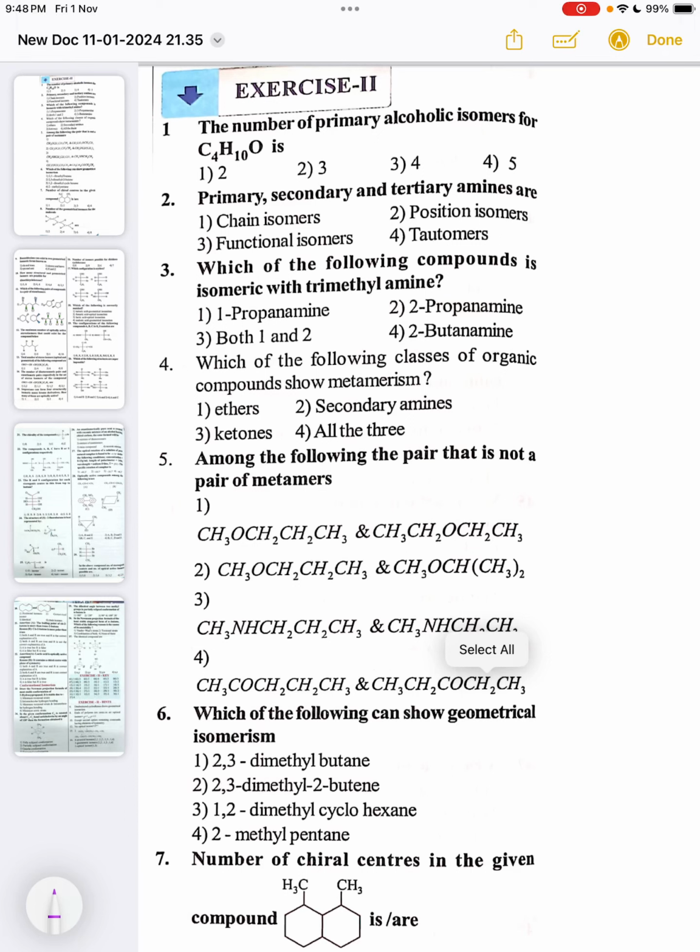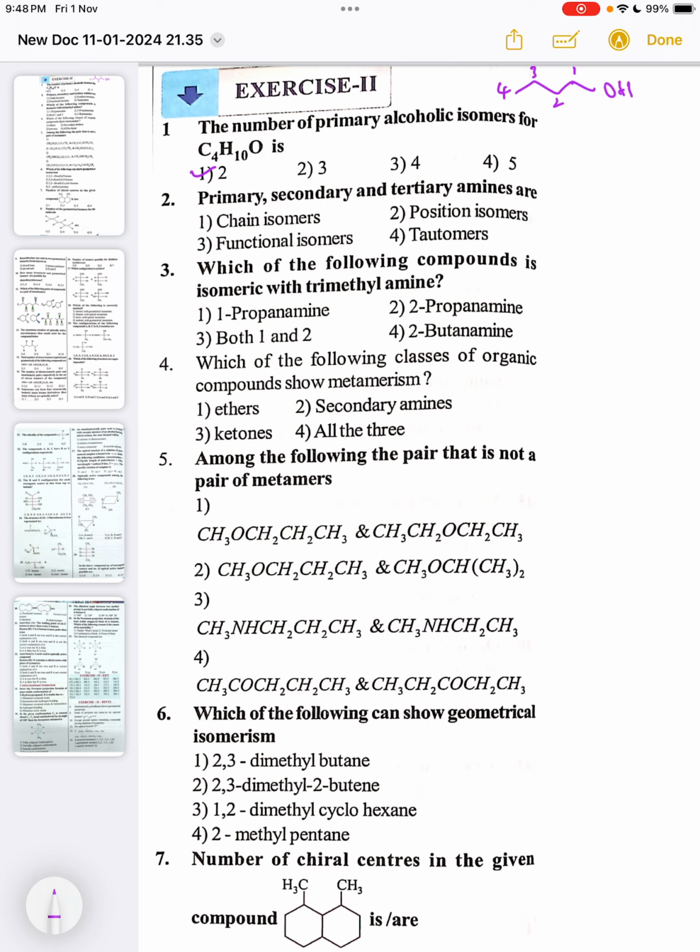Exercise 2. The number of primary alcoholic isomers for C4H10O is. So this is nothing but butanol. For butanol, 2 primary alcohols are possible. How? So this is 1, 2, 3, 4.